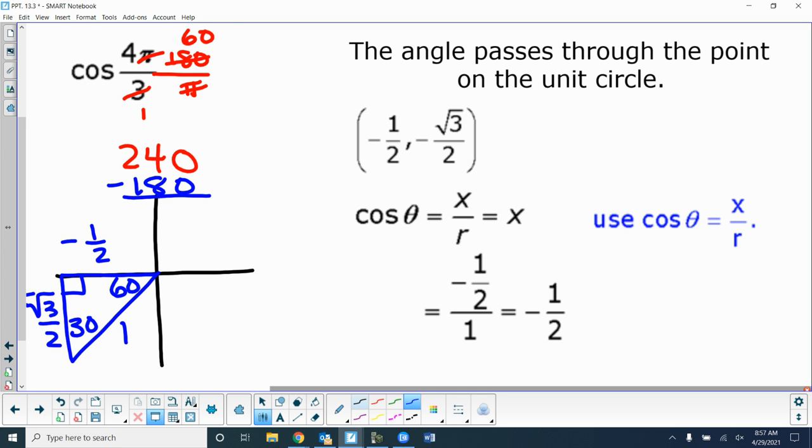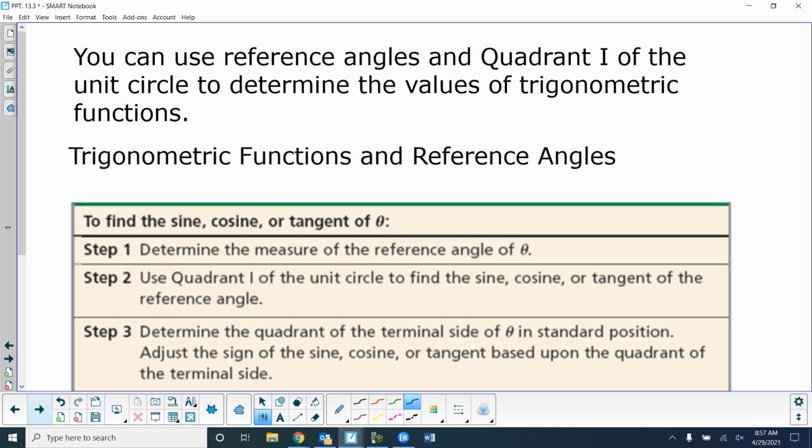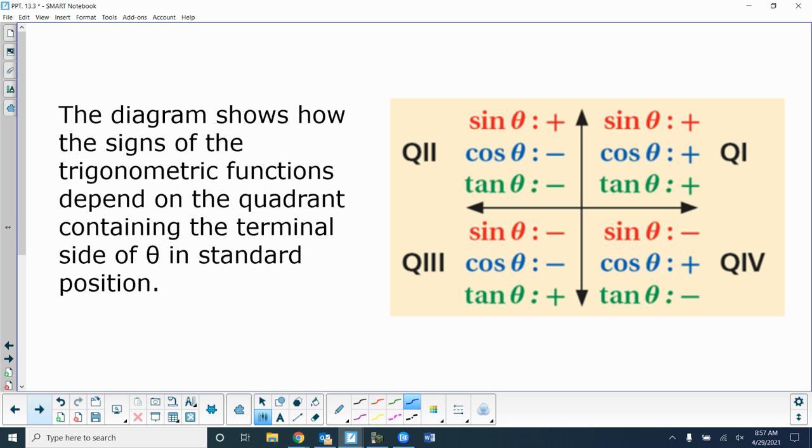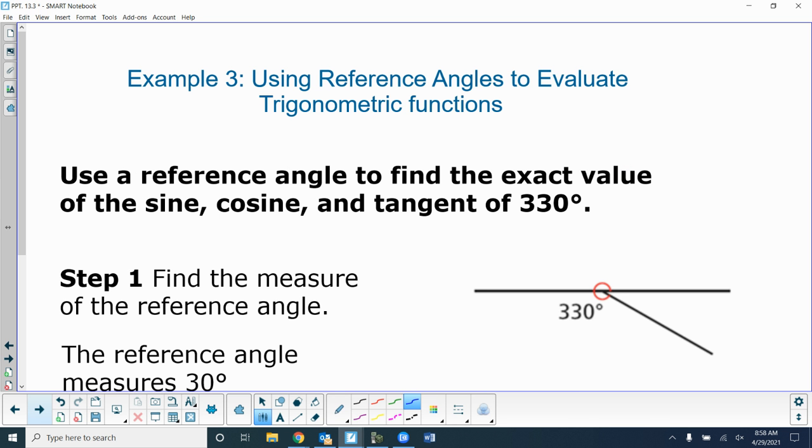Once you practice a little bit, this is just everything I've been showing you already. All right, they're talking about when sine and cosine and tangent's positive and negative and all that stuff. You can figure that out just by looking at the signs. 2 negatives make a positive. 1 negative, you got a negative, right?